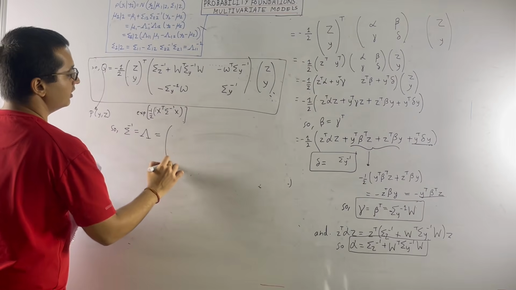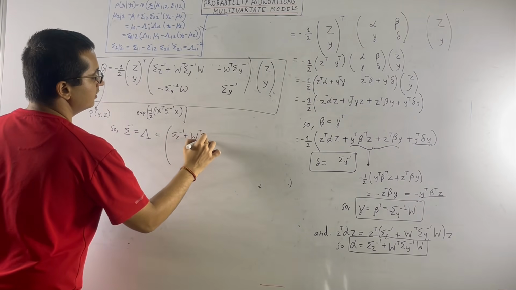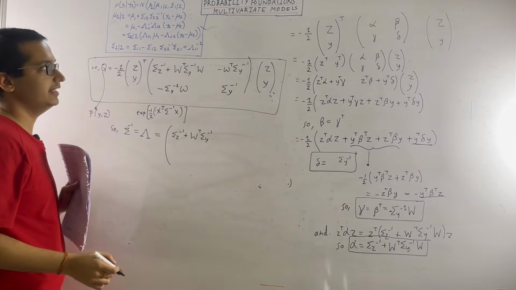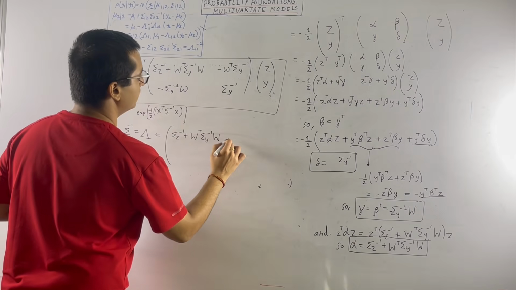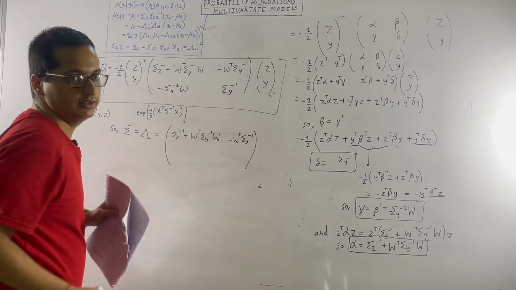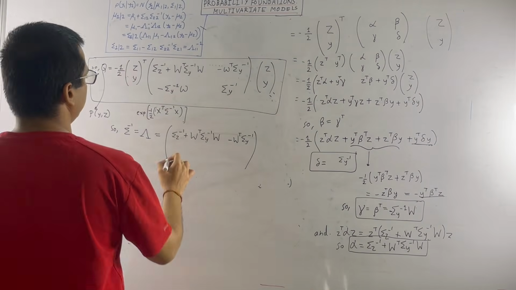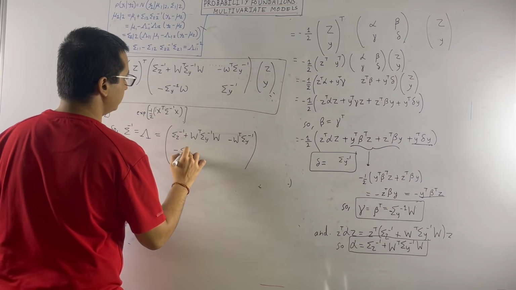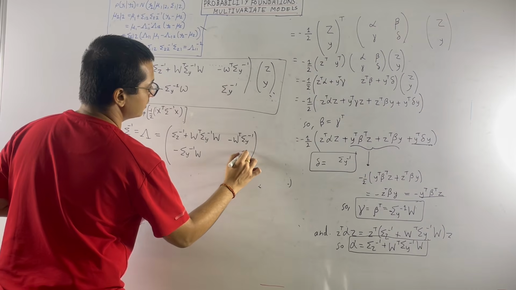So this is equal to sigma z inverse plus, which is what we wrote, the Bayes rule for Gaussians. So we have derived it. Minus W transpose sigma y inverse, and then minus sigma y inverse W and sigma y inverse.